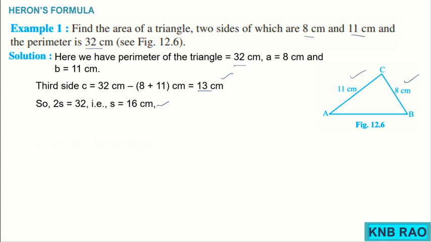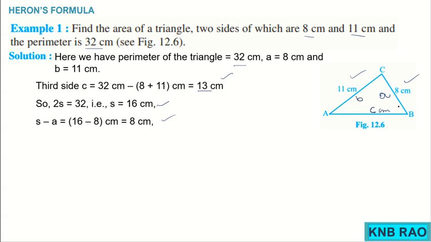Now s minus a, that means 16 minus 8. And one more thing I have to mention: in a scalene triangle ABC, the side opposite to vertex A is generally considered as small a, the side opposite to vertex B is considered as small b, and the side opposite to vertex C is considered as small c.